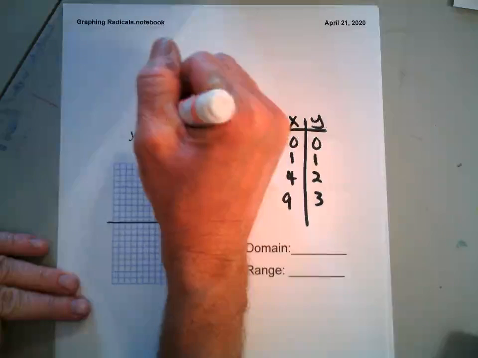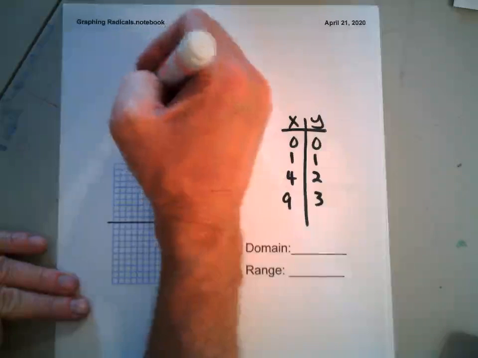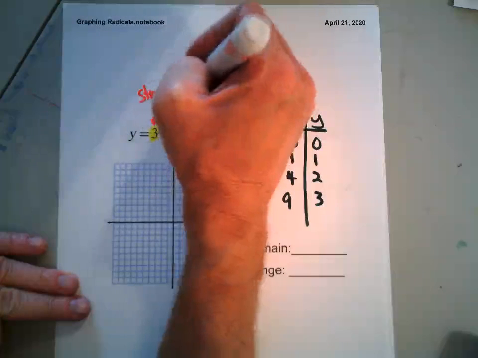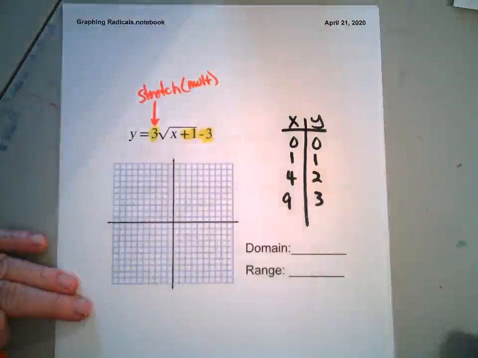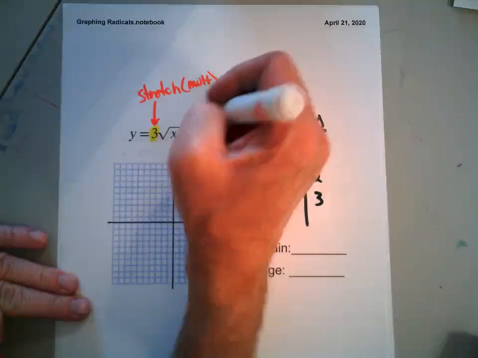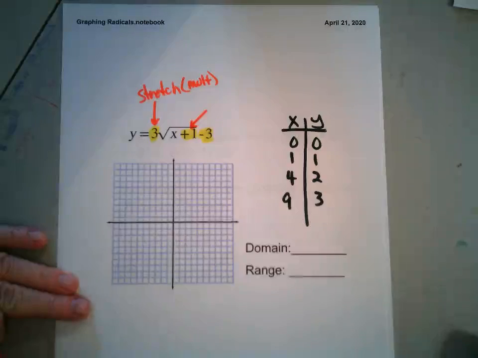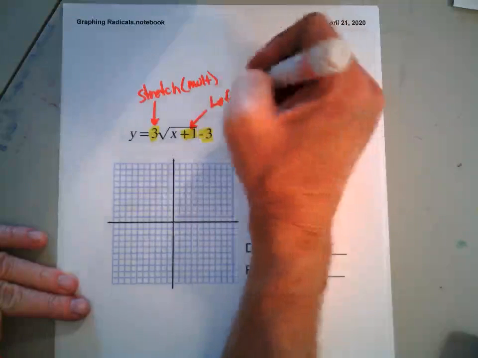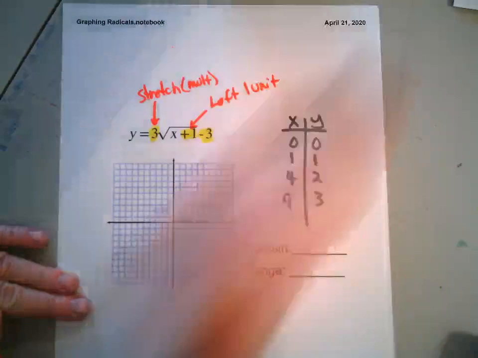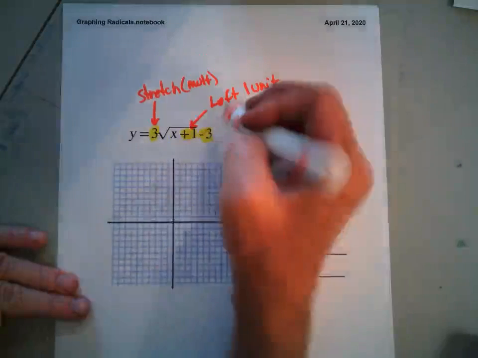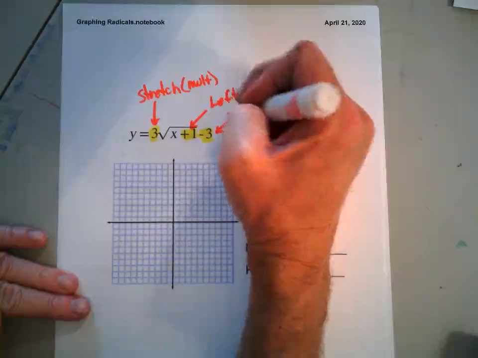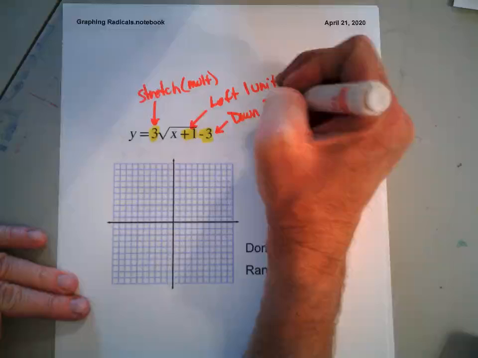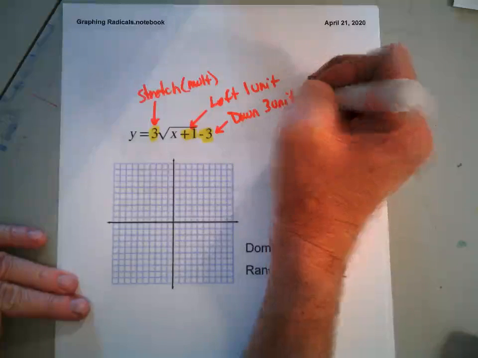So this right here is a stretch, and that becomes a multiplier. The positive 1 is going to tell us that it's going to go to the left 1 unit, and the negative 3 is going to go down 3 units.